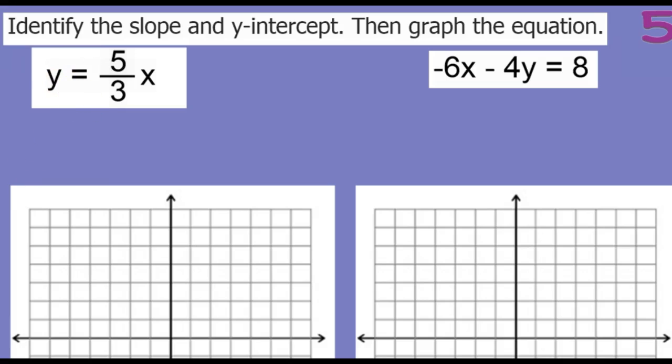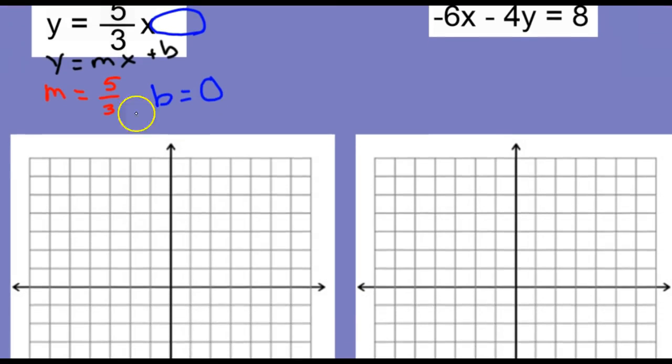Here we have y equals 5/3 x. y equals mx plus b. Our m comes before the x, so it's 5/3. And our b usually comes right here, but we don't have anything here, so our b is 0. So our line is going to go through 0, or the origin. So that's where we begin.